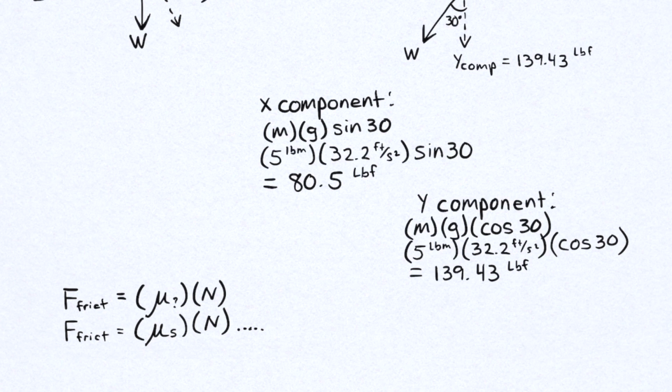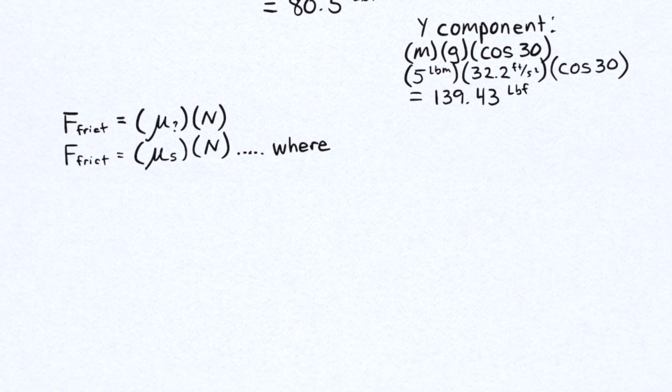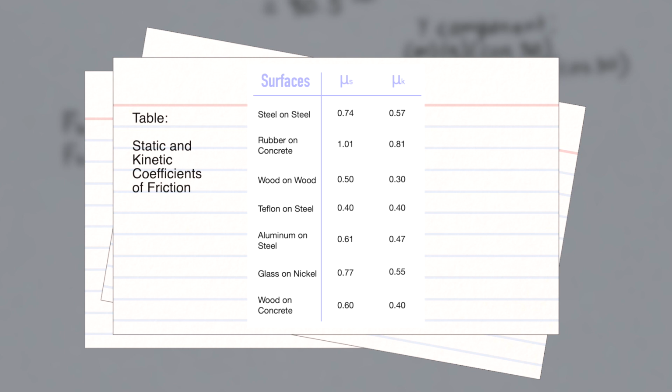So I'm just going to go ahead and label what these variables mean. Where mu subscript s equals 0.6, which is the coefficient of static friction, which you can look up on a table or a chart. This is the chart that I'm using. You can find these on Google or in your textbook.